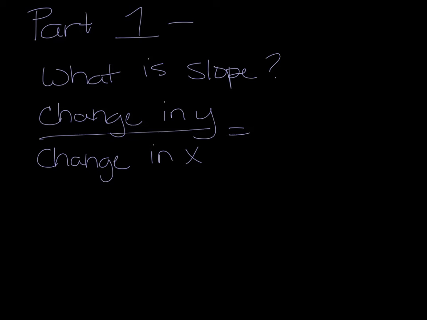This is rise over run. And for some reason in math, slope is represented with the letter M. So M, which stands for slope, is the change in y over the change in x, or as you will hear me say many times, rise over run.